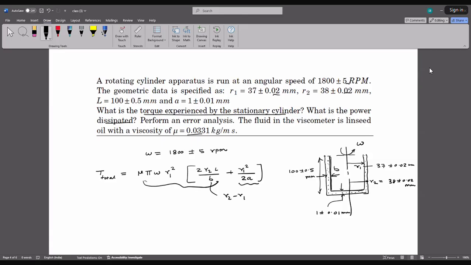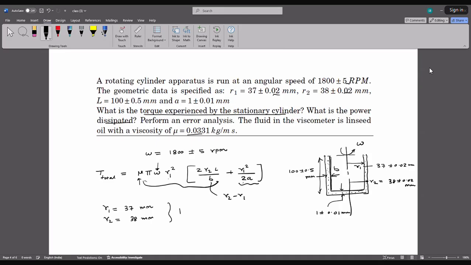Okay, so we know omega, we know mu, we know R1, R2, we know B, we know also A. So all the parameters are actually known. R1, we take the nominal value, which is 37 millimeter. R2, we take 38 millimeter.